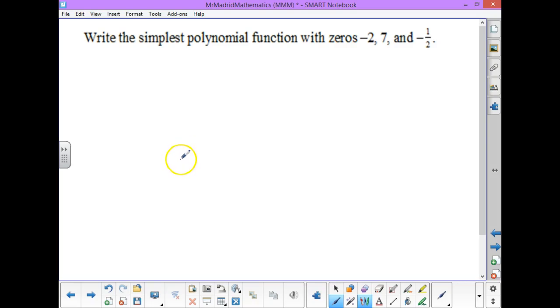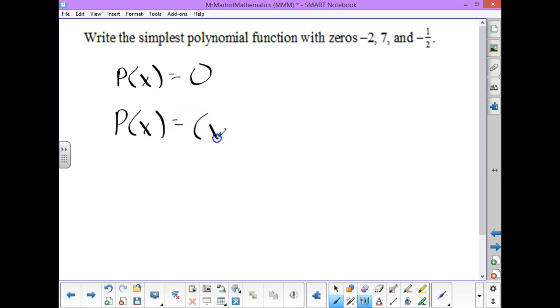Write the simplest polynomial function with the following zeros. Because they're guaranteed to be zeros, this is essentially what our polynomial will equal with these as factors. So we can simply insert them as such.